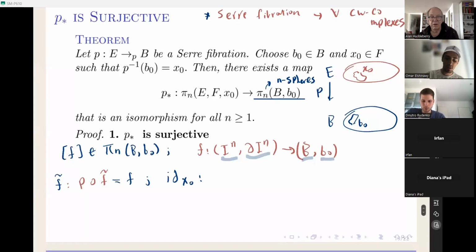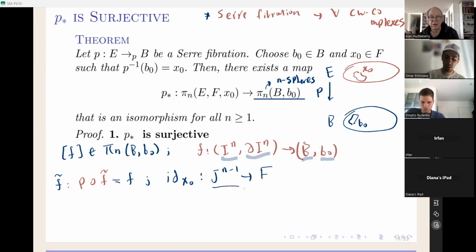And so the identity on X naught, this is where it gets a bit technical. So j to the n minus 1 is the complement of the n-dimensional boundary, if I'm not mistaken. I could be mistaken here, so please ignore this.